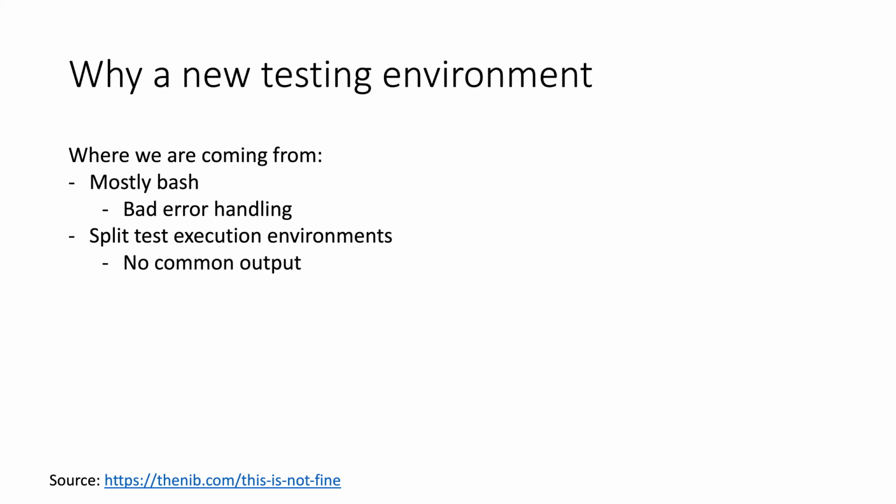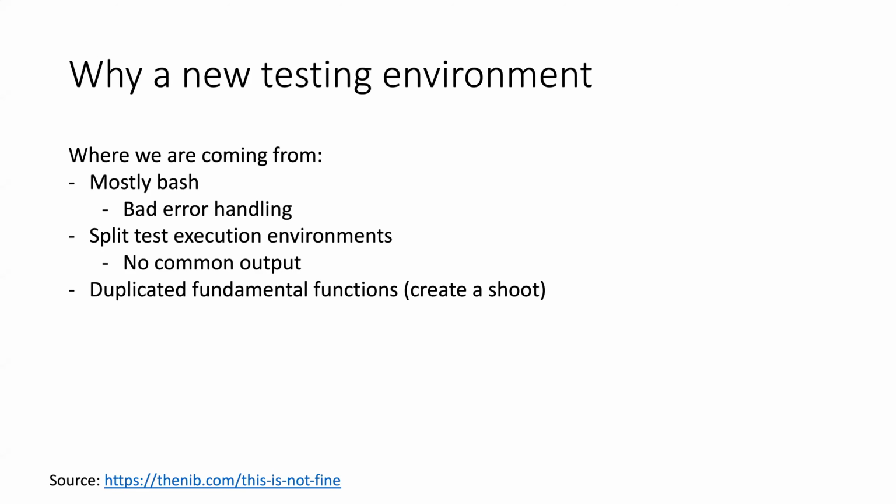So we do not have a common reporting about what is going on, what the status is, or what the quality of the different components is. And also because of the split execution, all of these integration tests implement their own fundamental functions.